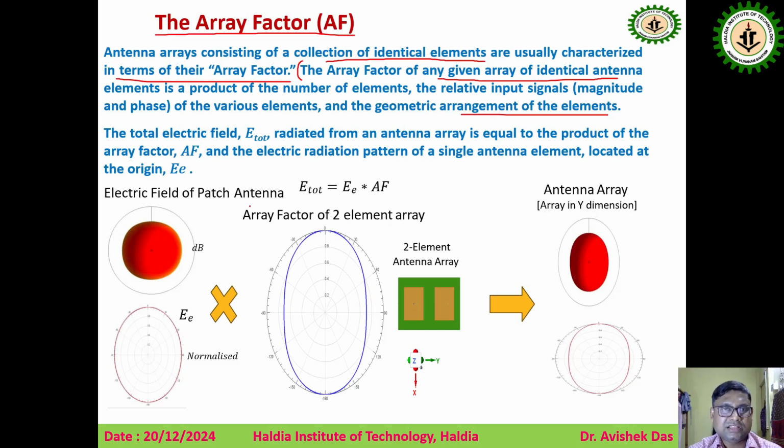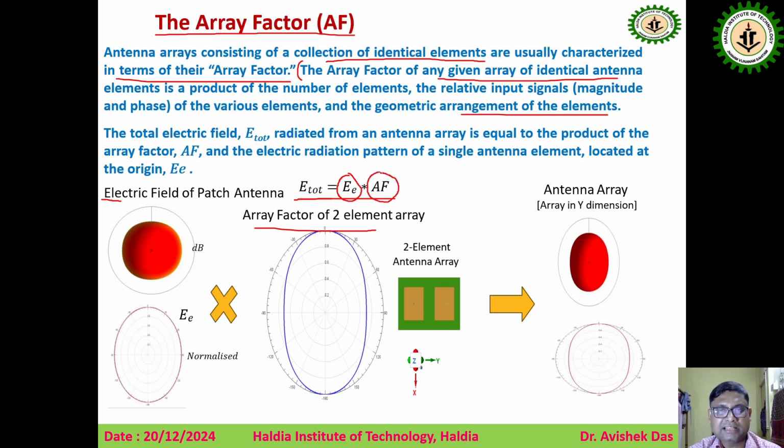So look in the figure, here is the electric field of the patch antenna. This figure is the electric field of the patch antenna, and this one is the array factor. So the total radiation will be equal to what? Total radiation E total is equal to the individual element multiplied with the array factor.